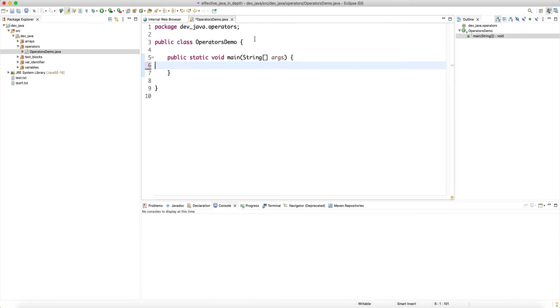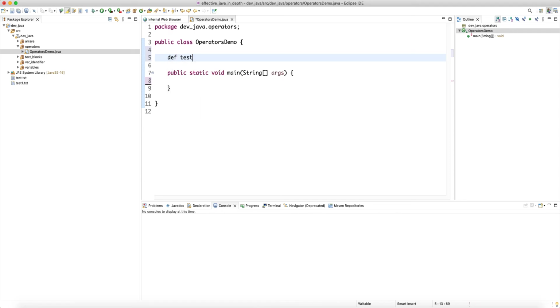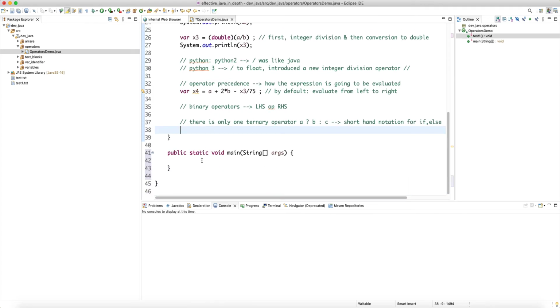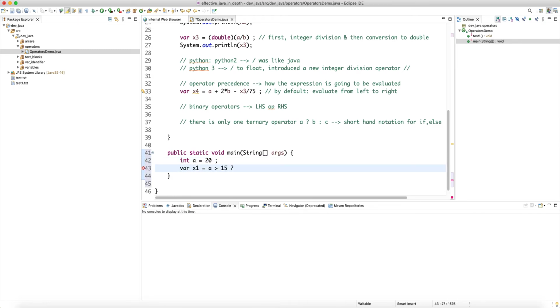let's put everything here, public static void test1. I'm going to put all this code here, and then I'm going to say, let's define an integer, int a is 20, and then var x1 is a greater than 15 question mark 10 colon minus 10, right?